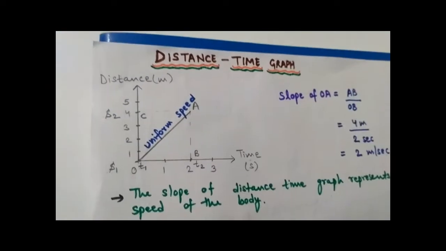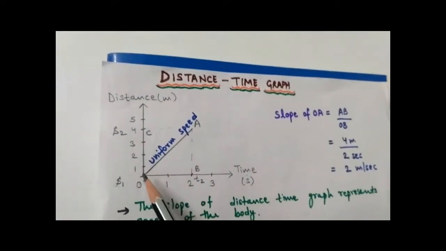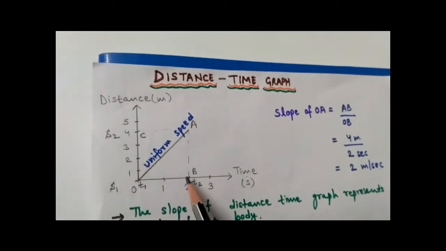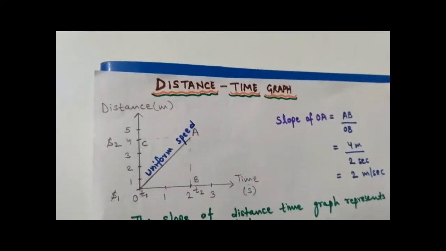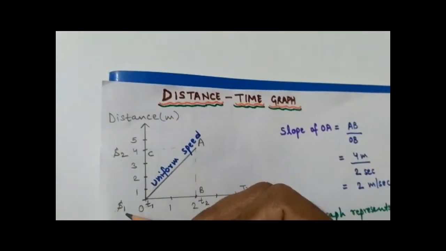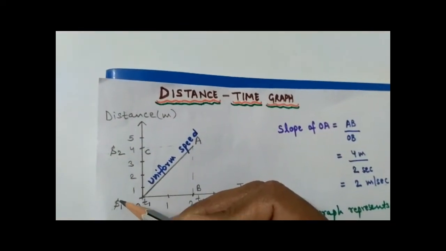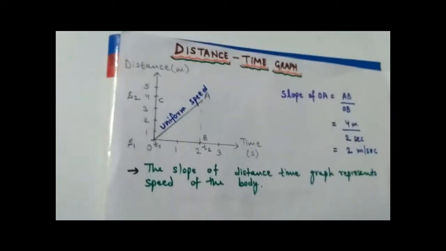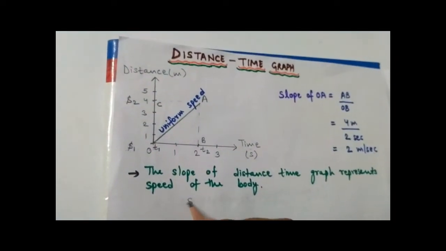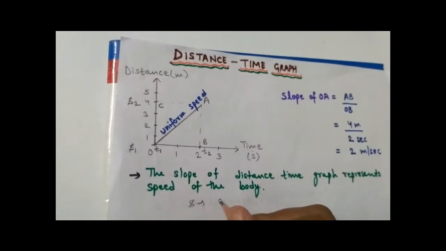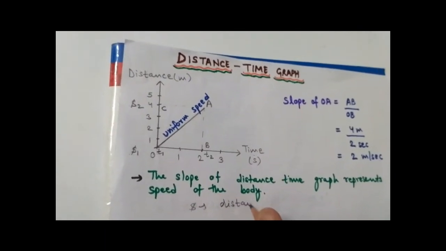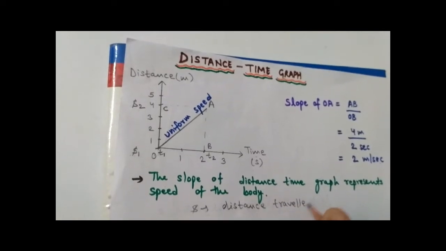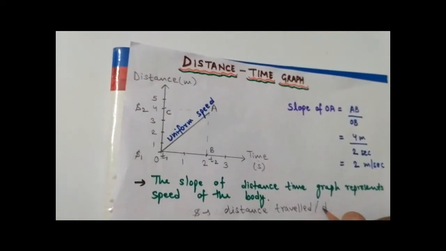Okay, students, here the object has started traveling at t1 second and it has traveled till t2 second. Okay, similarly it has changed its position from small s1 meter to small s2 meter. From now onwards, small s will be used for distance traveled or displacement.